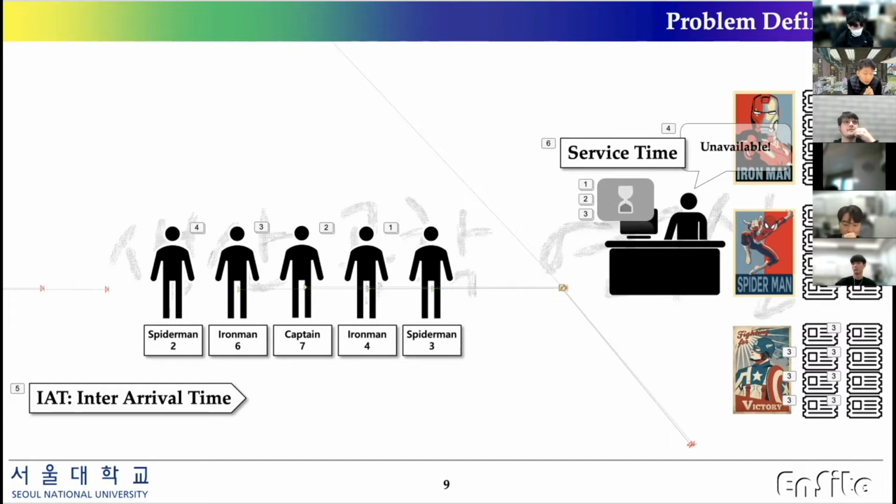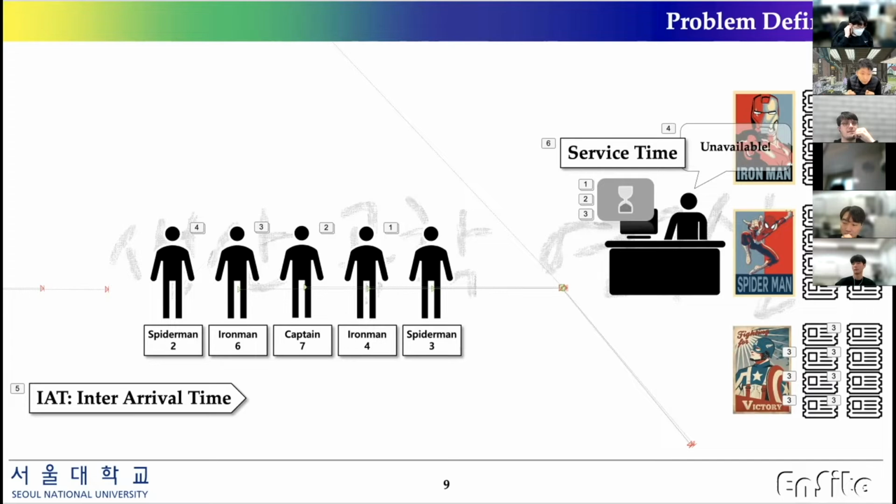People are arriving at random times, and each customer is trying to buy a random number of tickets for a random movie.